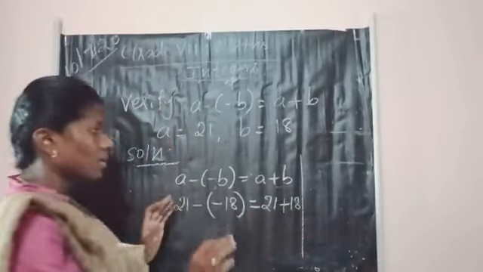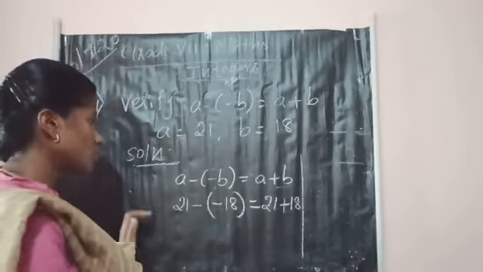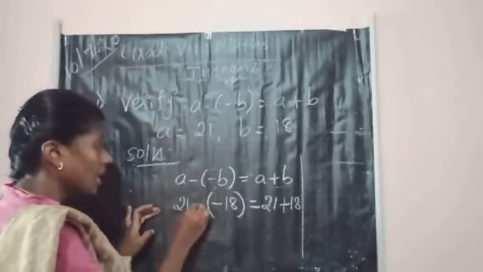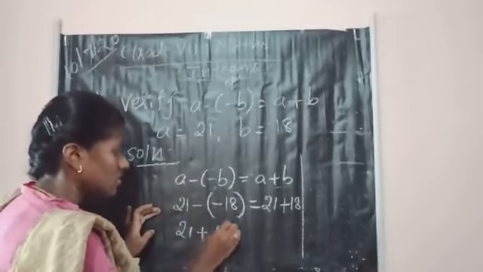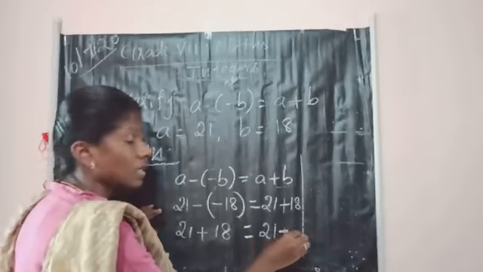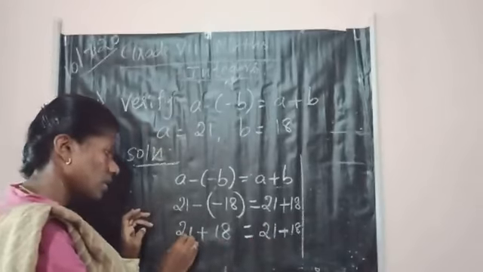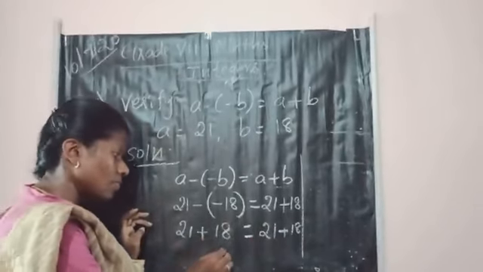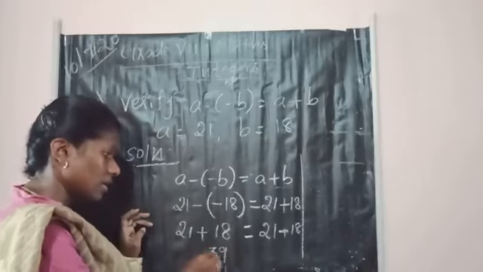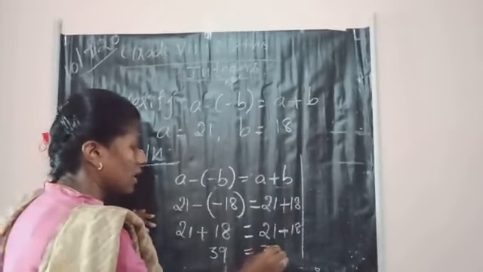Now we just applied the values for a and b. Now we have to simplify. So 21 minus into minus, plus 18, is equivalent to 21 plus 18. So you have to add these two values: 21 plus 18 is 39, equivalent to 39.